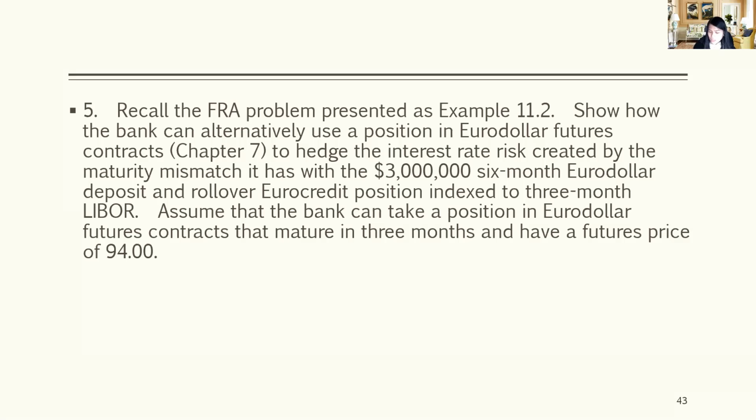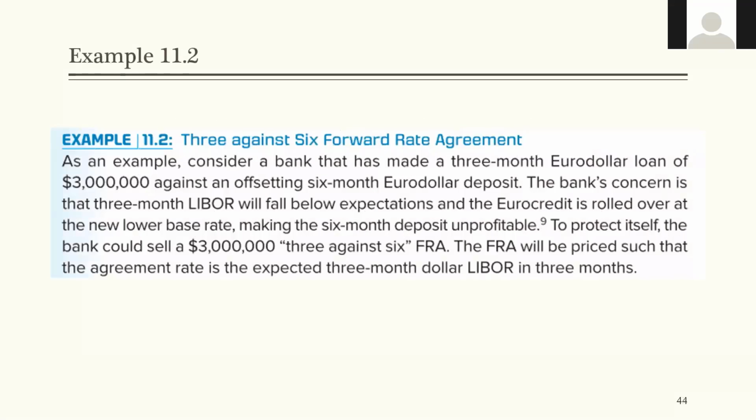So before we dig into the features of a futures contract, let's look at example 11.2. In this example, we have a 3 against 6 FRA. So we've got this bank here that has a $3 million exposure.